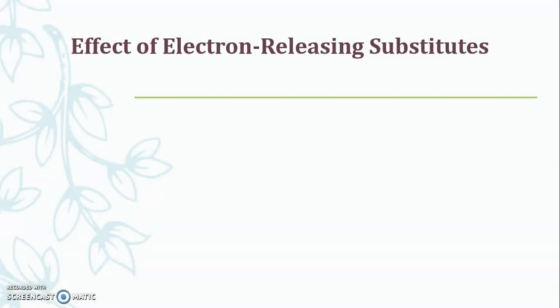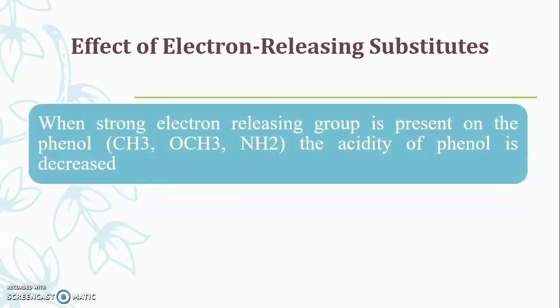Now the next point that we are going to discuss is the effect of electron releasing substituents on the acidity. In the previous part we discussed that when electron withdrawing groups are present on the phenol, they increase the acidity. In opposite to this statement, when strong electron releasing groups are present on the phenol, they decrease the acidity of the phenol.